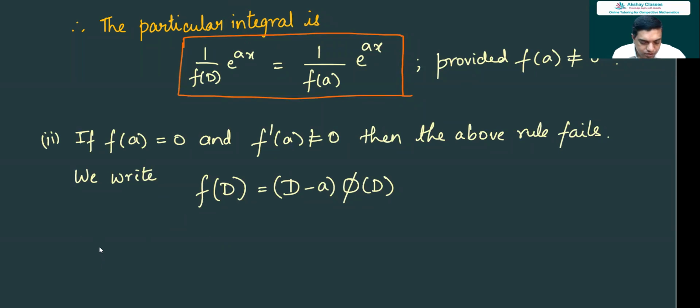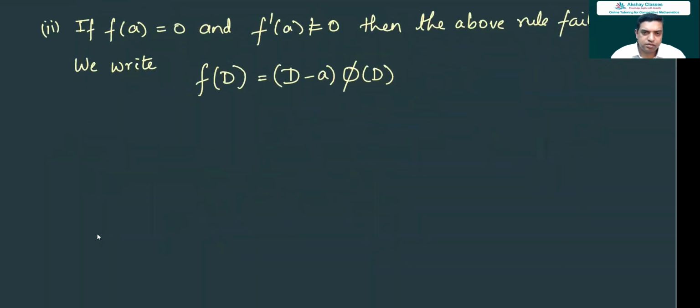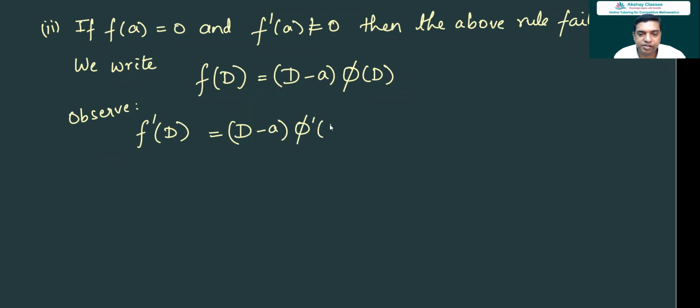So now, look at this. What is f dash d? F dash d is d minus a times phi dash d plus phi of d.